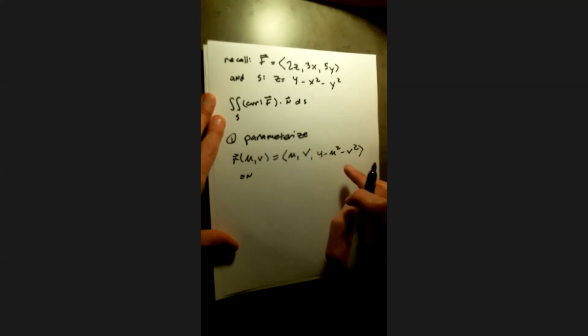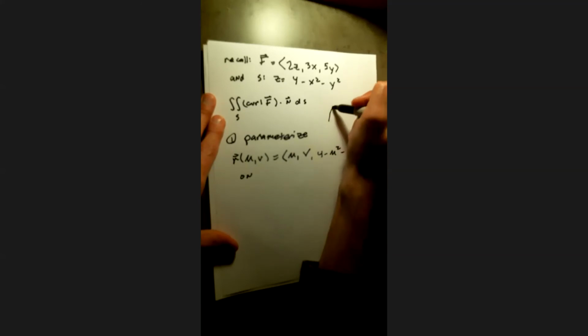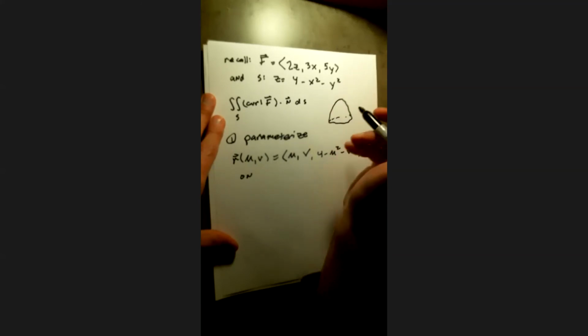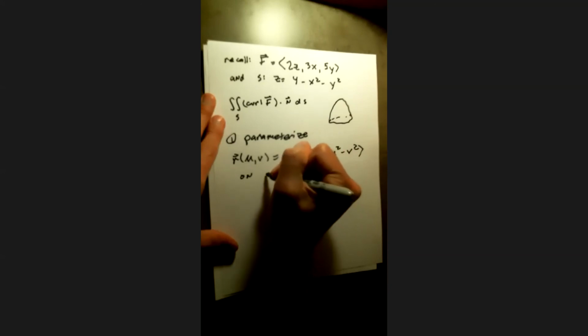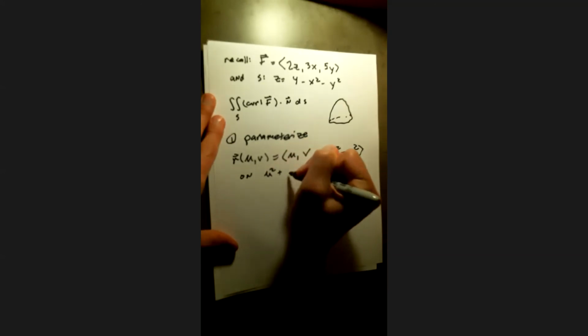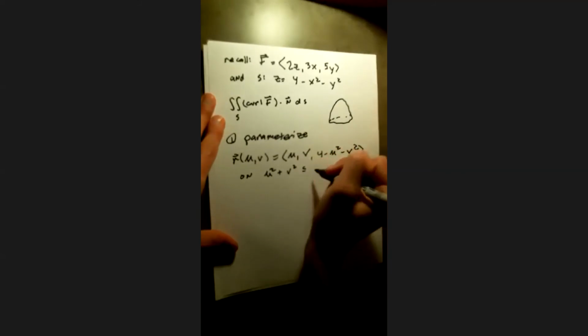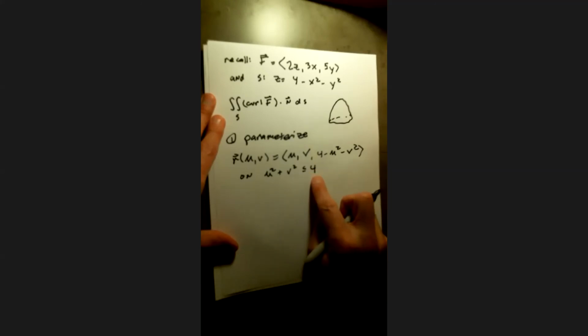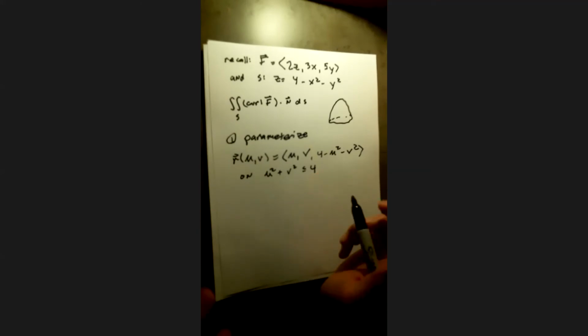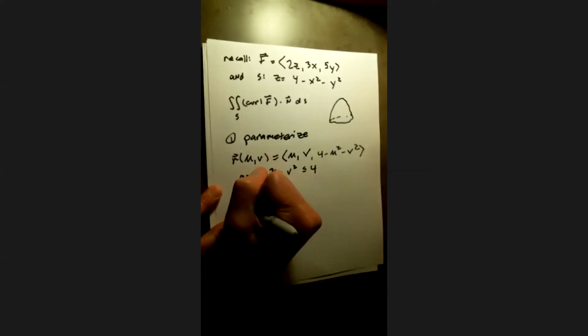This would be where we want the u's and v's that will keep us in this region, that are basically above this disk. And so maybe we could say on u squared plus v squared less than or equal to 4. Does that make sense to people? Because this would be the disk. Yep. Okay. So we parameterized.